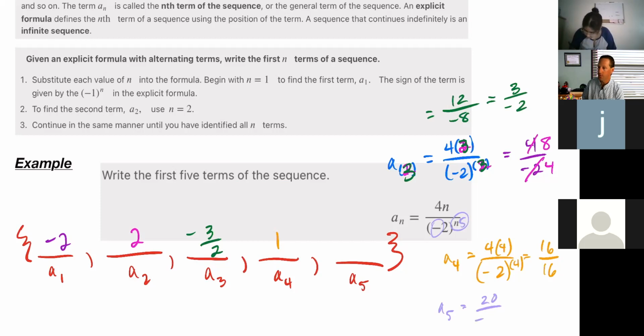And then 2 to the 5th? 32. Very good. It's 32. And what can I simplify or reduce 20 and 32 both by? 4. Very good. 4 goes in that 5 times, and 4 goes in that 8 times. So negative 5/8.